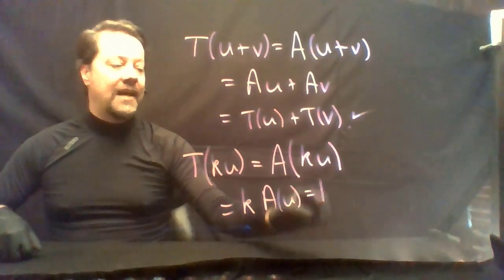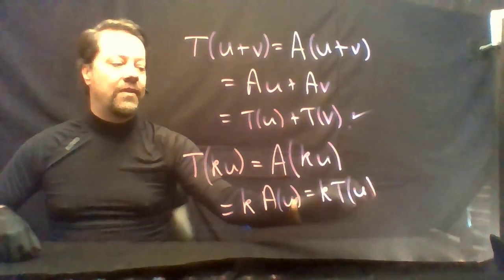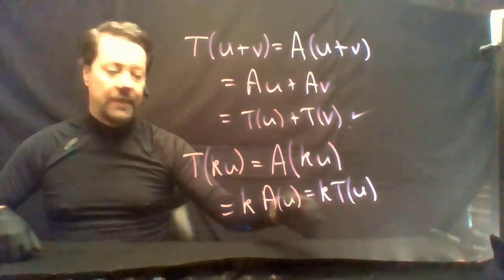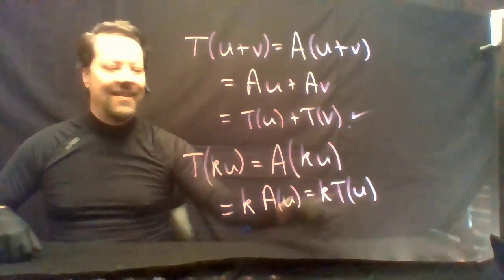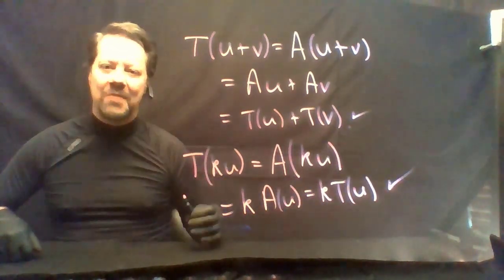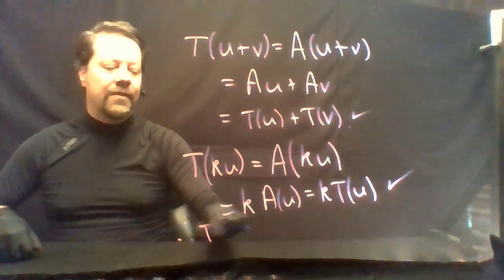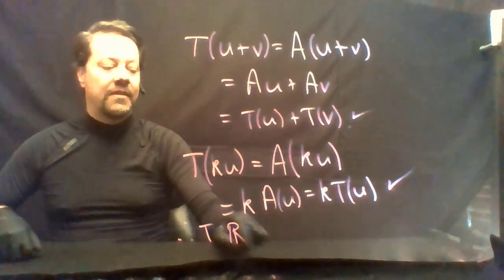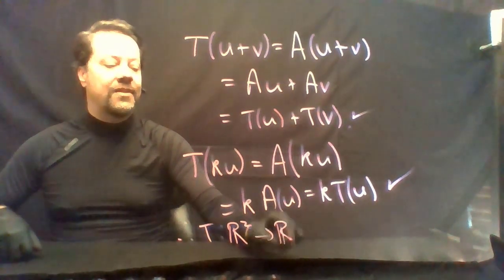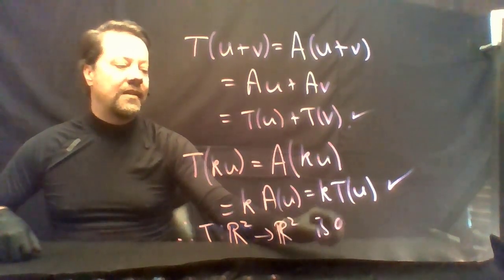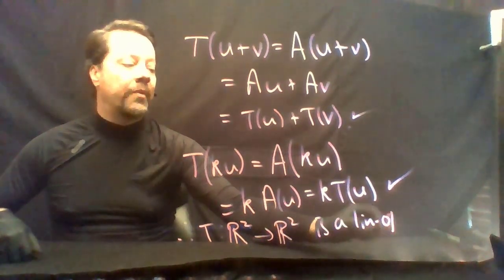And that gives us k times T of u, because what does T do? It multiplies by A. This verifies the second property of linearity. Therefore, T, which maps R2 into R2, is a linear operator.